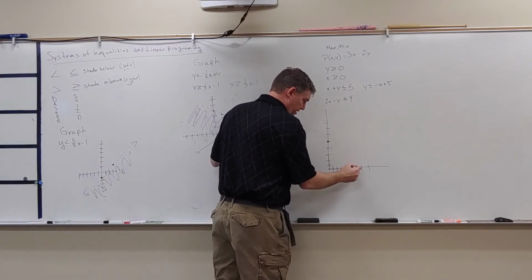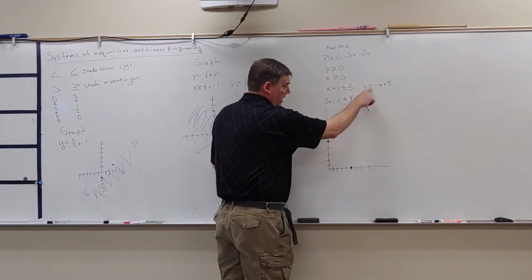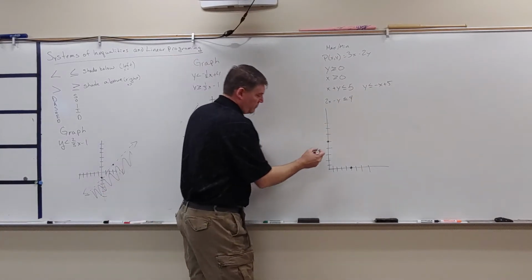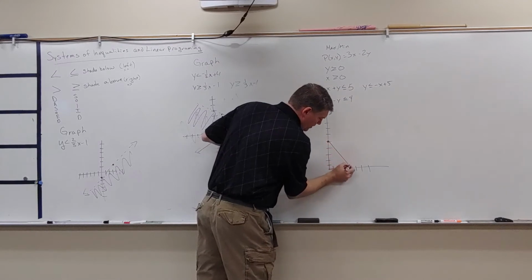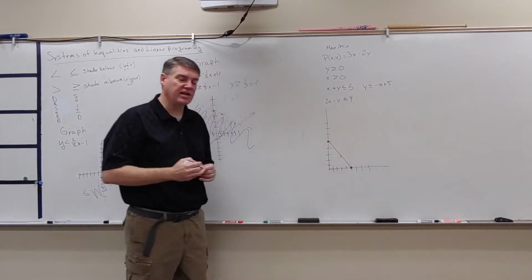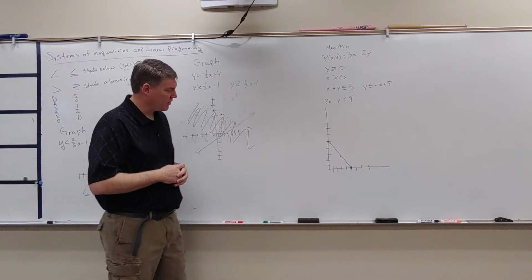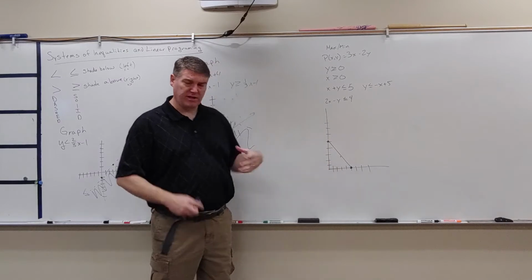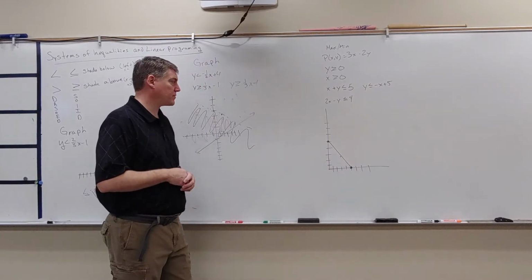So I know it's going to be here. I am using a solid line here, so y is less than or equal to. And I'm just going to put an arrow going that way to indicate where I'm at. Okay? So now I know I'm in this triangle here. That's my feasible region. Okay?